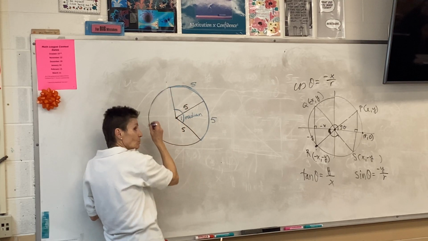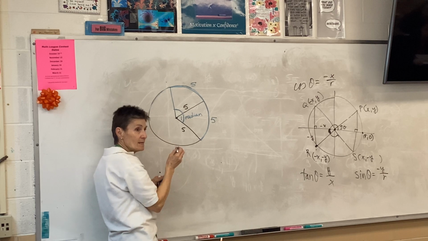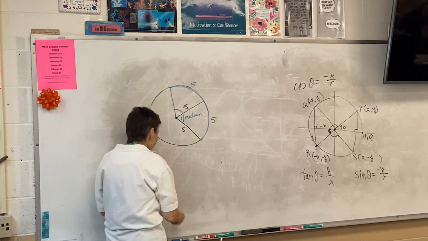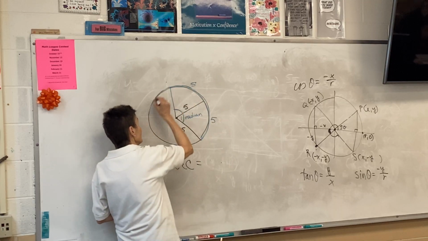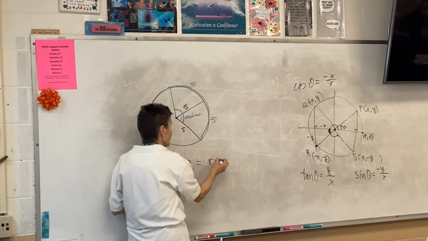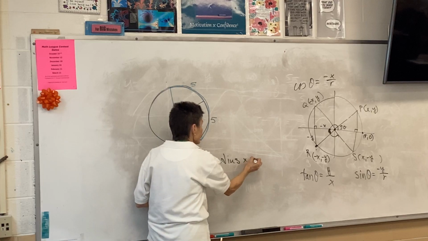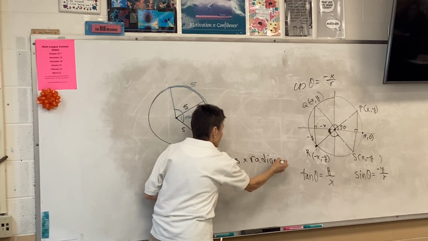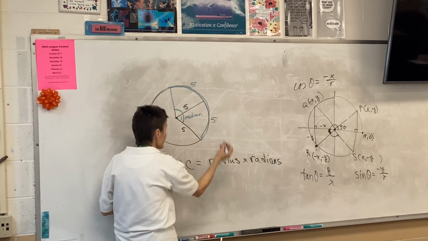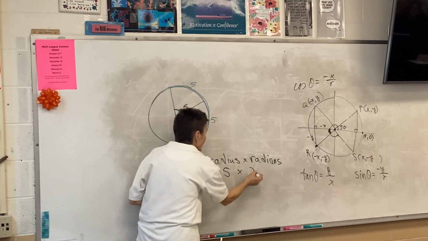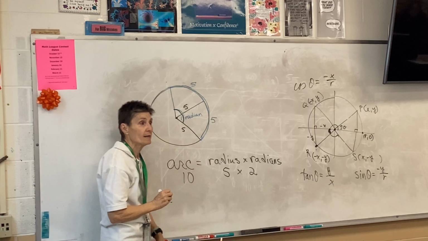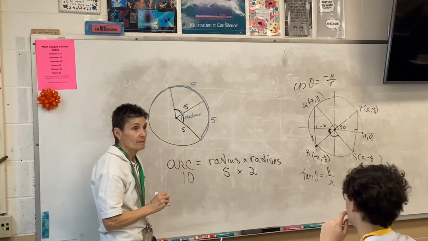And 15 would be 3 radians, and so on. So arc length, this 15, is simply the product of your radius times your radians. So when we had a radius of 5 and an angle of 2 radians, our arc length was 10.